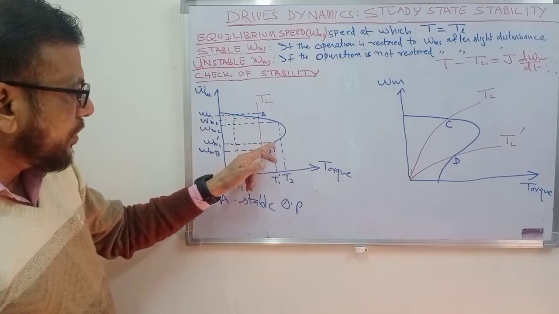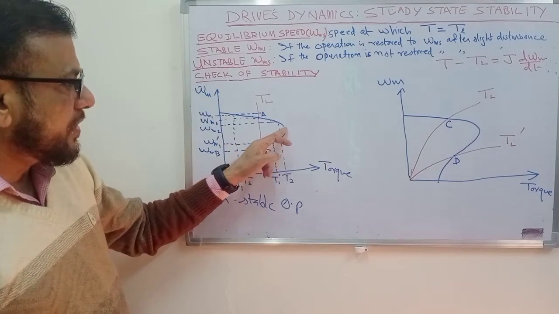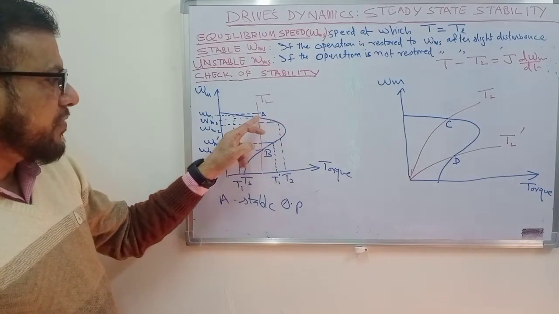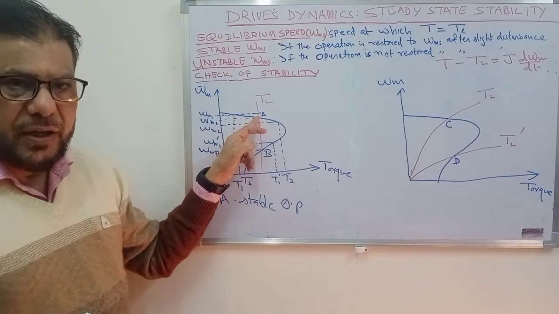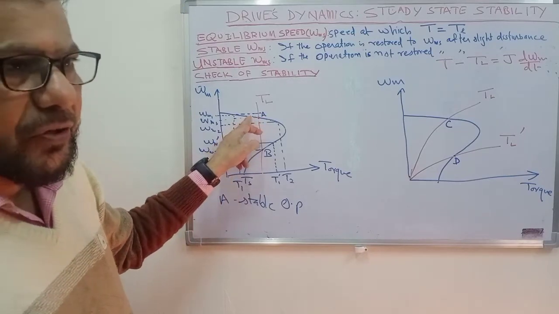As the speed increases, the operating point will further change. It will increase and finally it will reach this point where the motor torque becomes equal to load torque, and this will be the operating point.